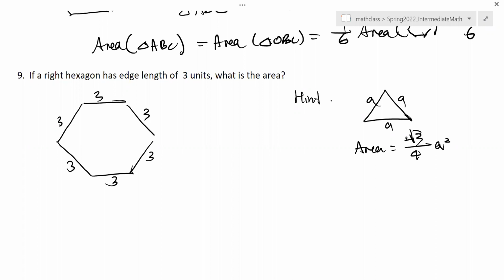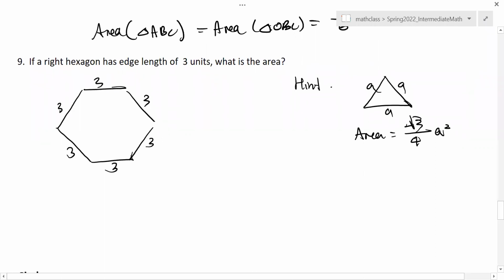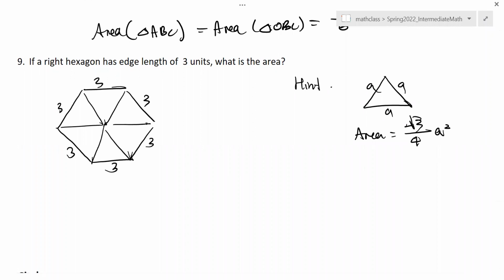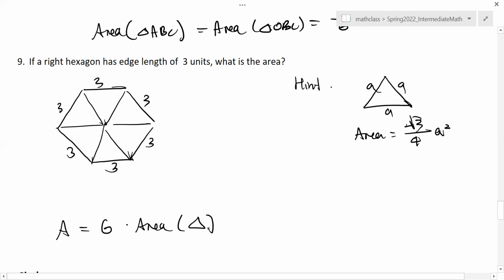Okay, I hope you already got the answer. First of all, you needed to draw extra lines, and you know the regular hexagon consists of 6 identical equilateral triangles, right? So the area is going to be 6 times the area of each equilateral triangle.